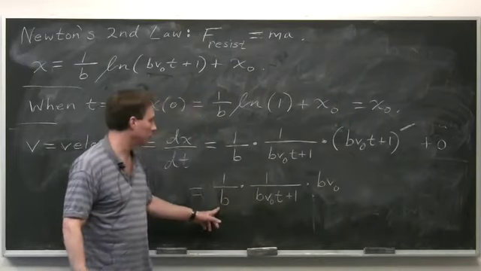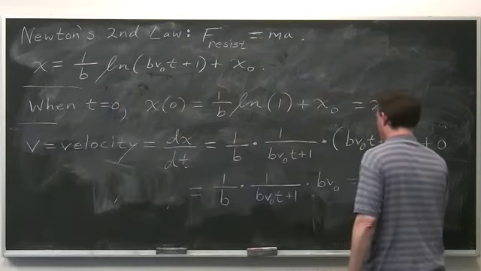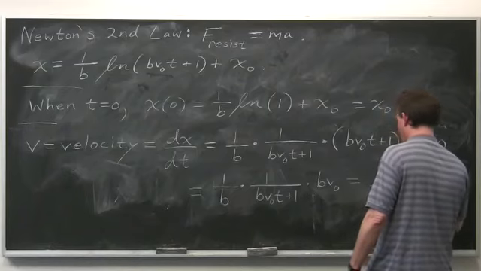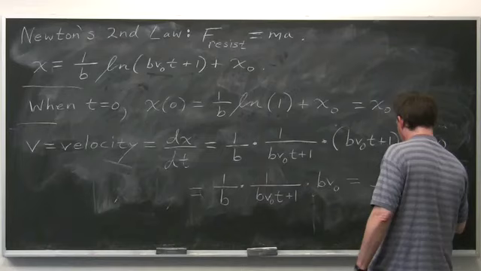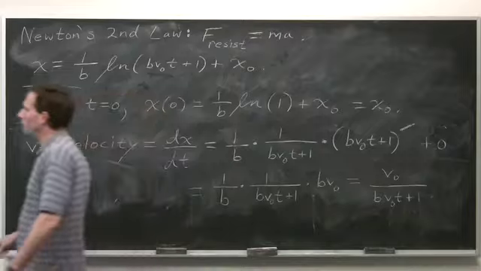The b's cancel, that b and that b. And so you're left with the velocity is v naught over b v naught t plus 1. All right?